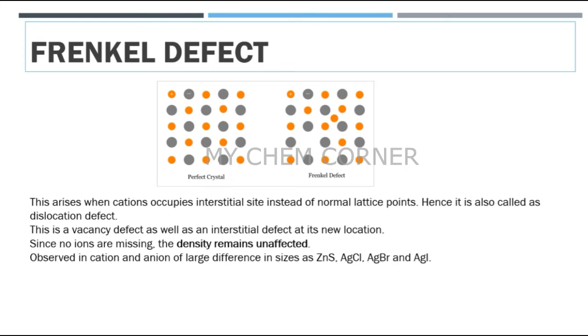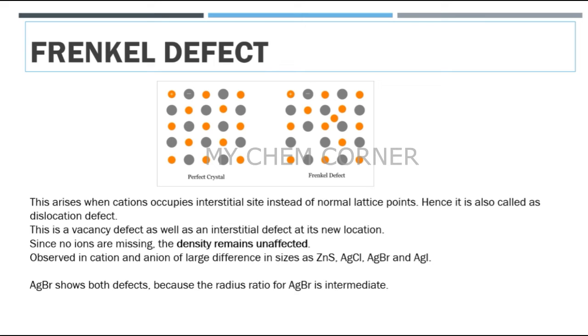Now if you observe these examples, silver bromide is one of those examples that were there in both Frenkel and Schottky. That means it shows both. Why is that so? It is only because the radius ratio is intermediate. They are not too small, and the difference between them is not too large either.